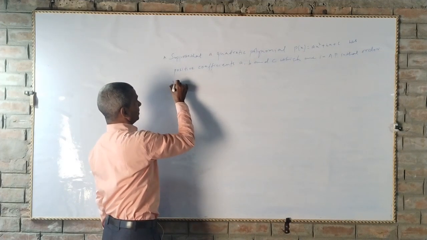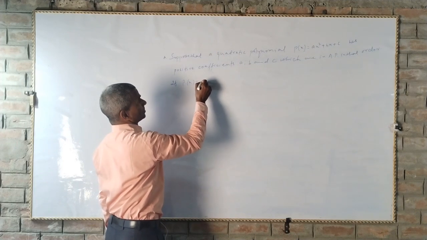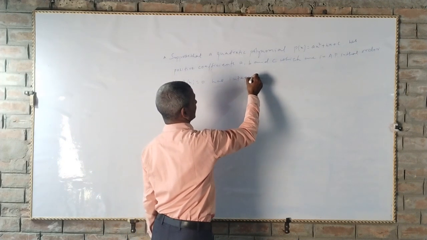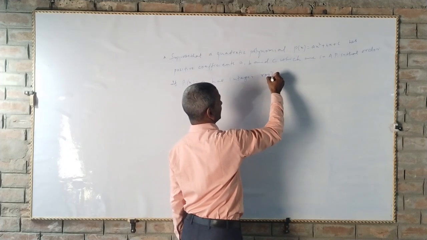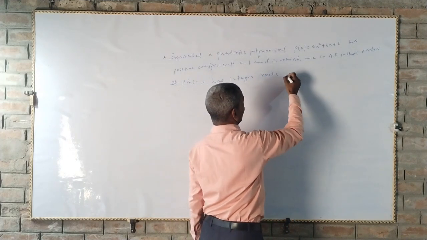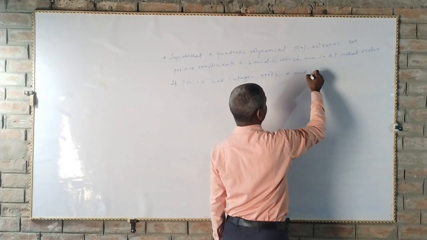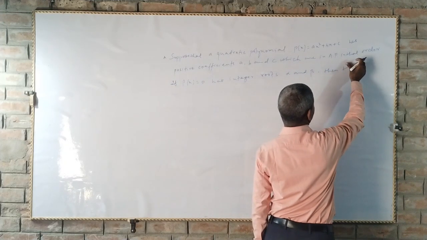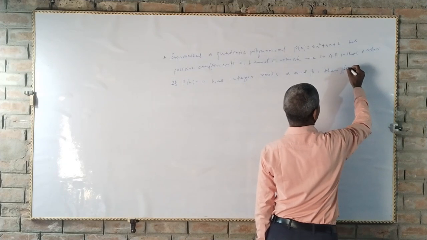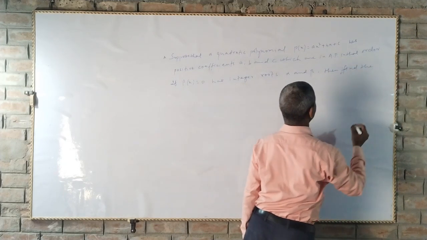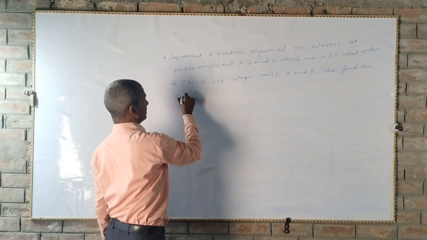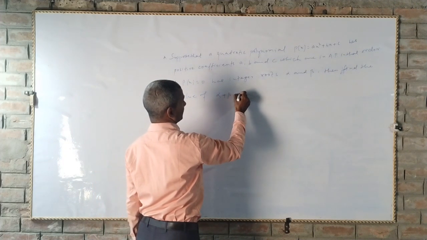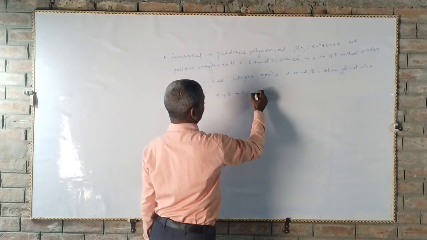If p of x is equal to 0 has integer roots alpha and beta, then find the value of alpha plus beta plus alpha beta.